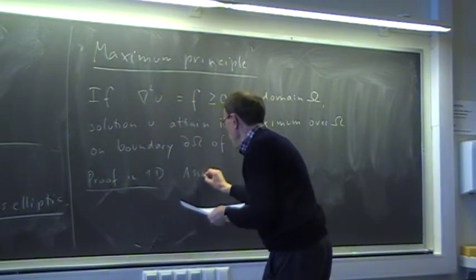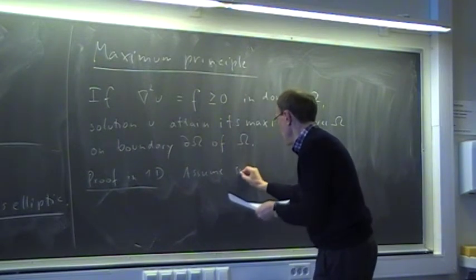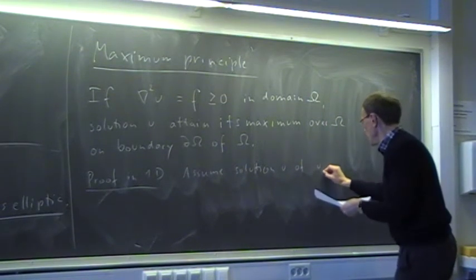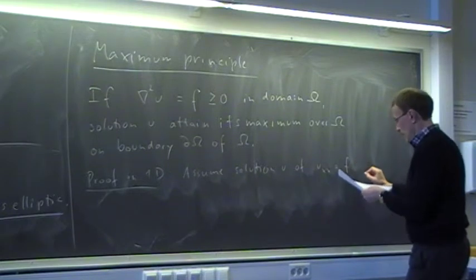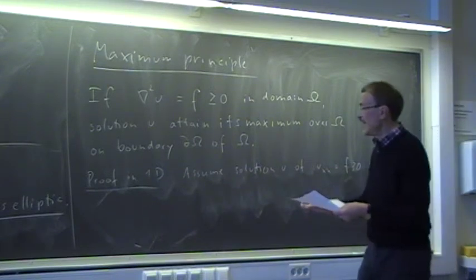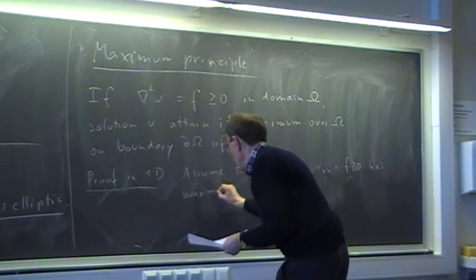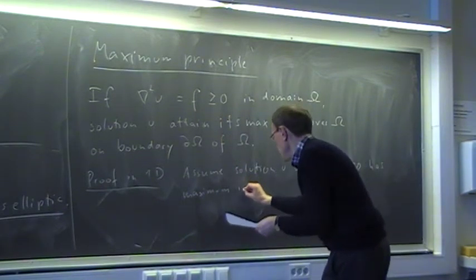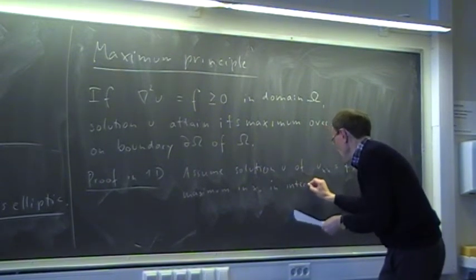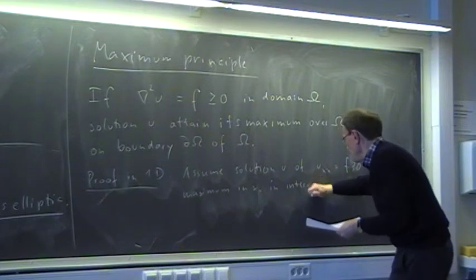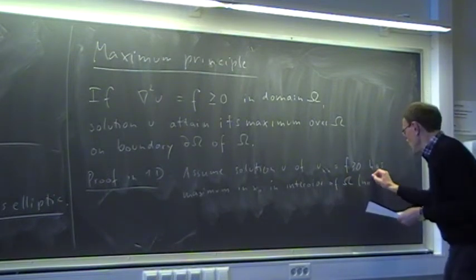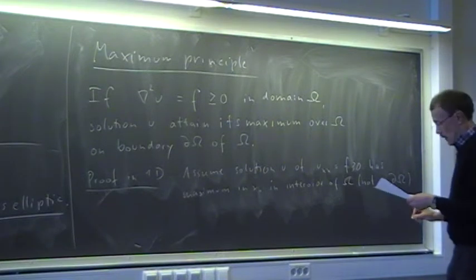In 1D, assume that the solution u, in our case u_xx equal to f greater or equal than 0, would have the maximum at x0 in the interior of the domain omega, that is not on the boundary d omega.